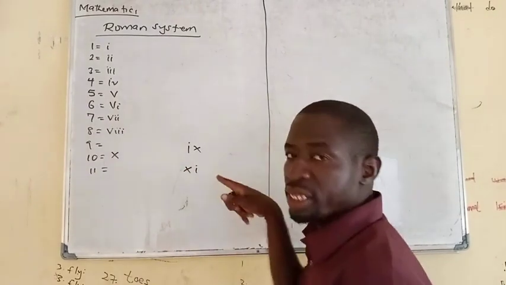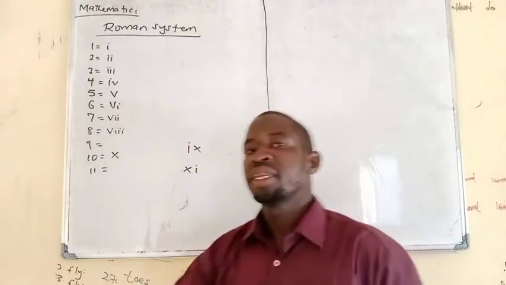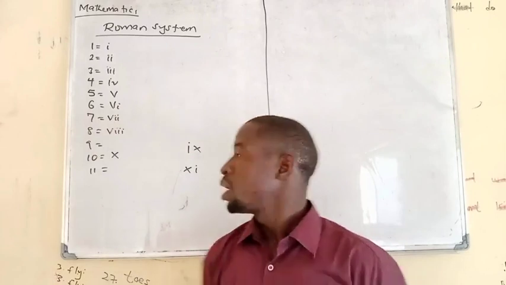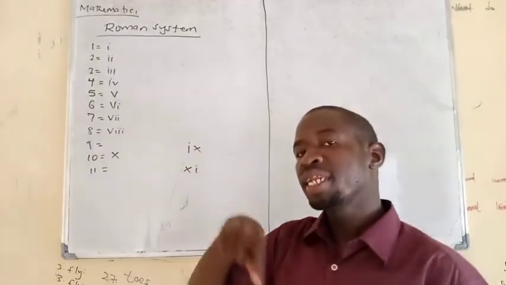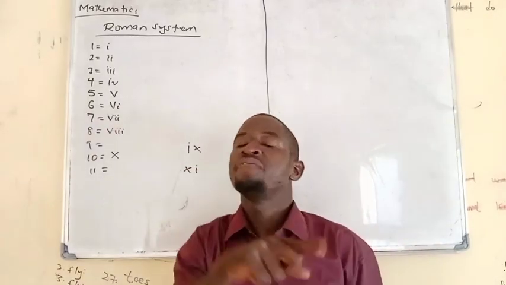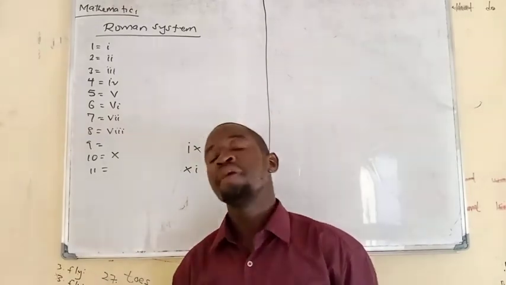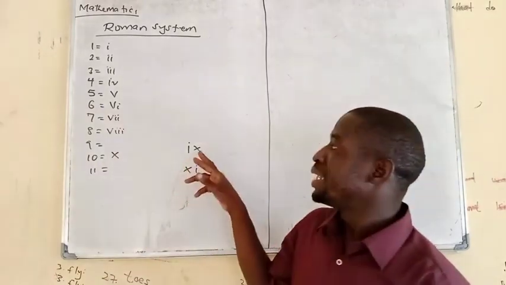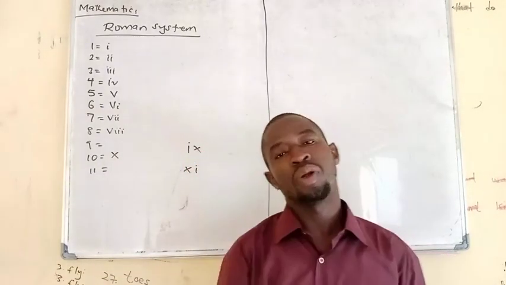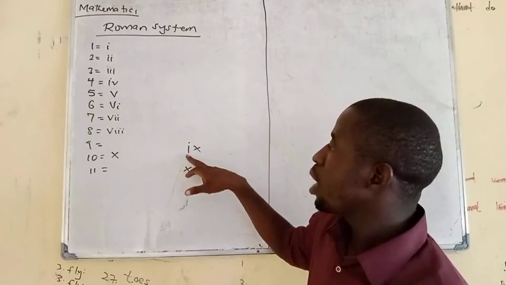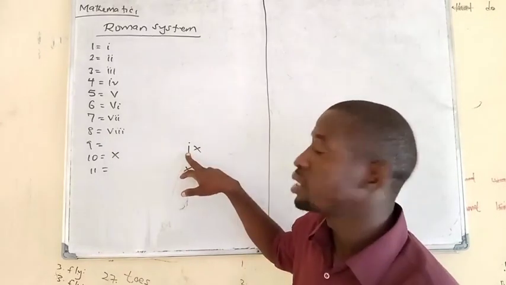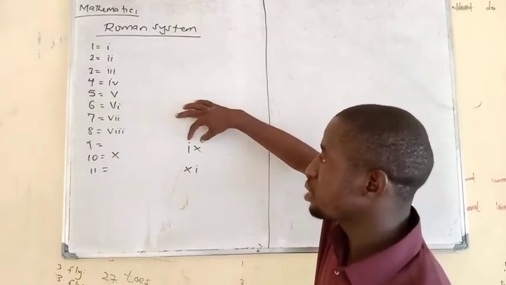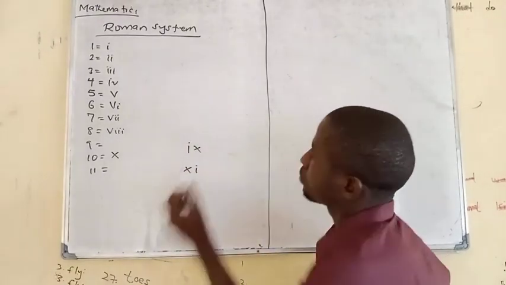Now let me write IX and XI. One of these Roman numerals is 9 and the other is 11. Remember in the explanation I made for IV and VI, if the bigger number comes first and then the smaller comes second, then it is plus. This one, the smaller comes first, then the bigger one, so it is minus. This is I and X, that is 1 and 10, or 10 and 1.